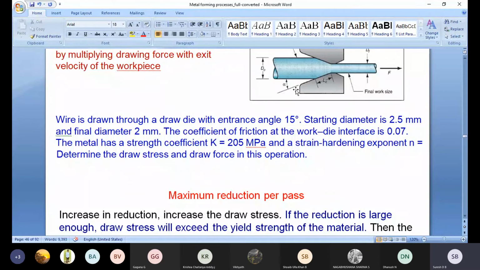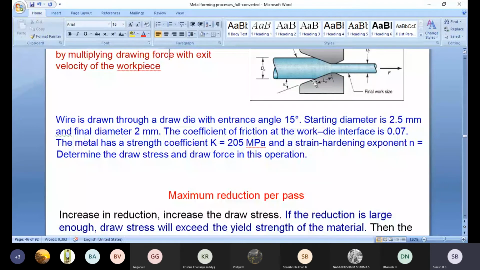The coefficient of friction at the work-die interface is 0.07. At the contact between the workpiece and the die, the coefficient of friction, denoted by mu, is 0.07.